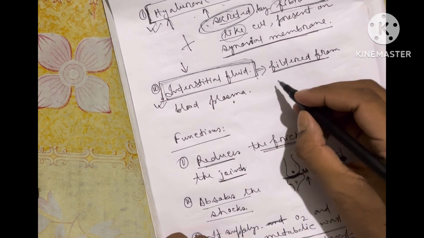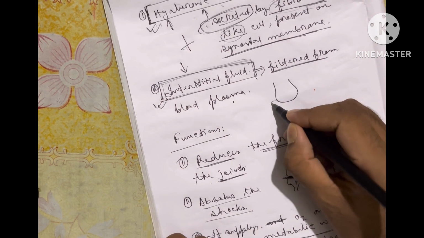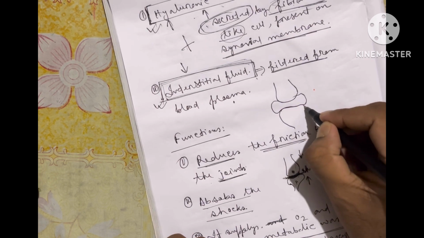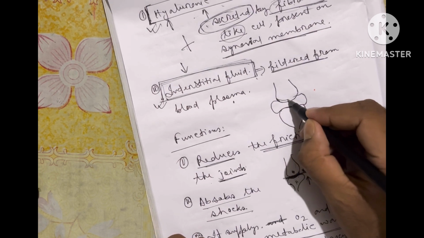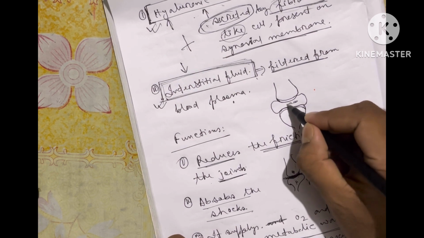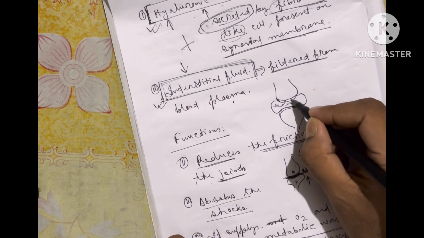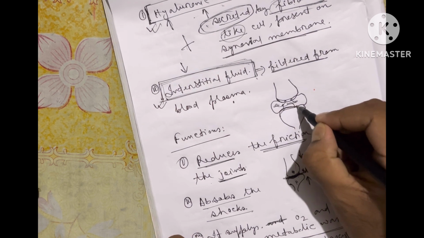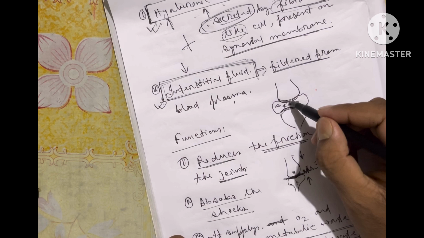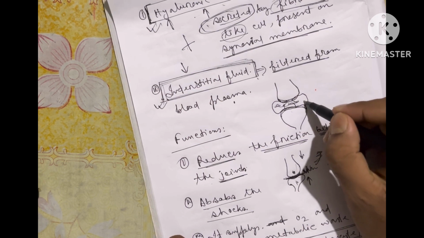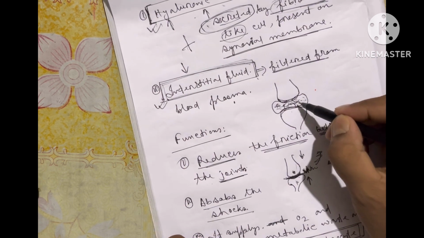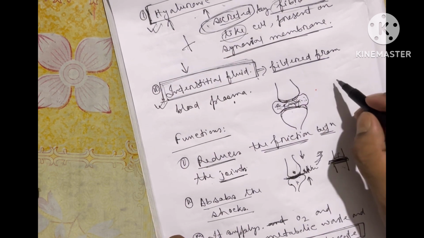Let's suppose this is one bone, this is our synovial fluid, and this is another bone. The synovial fluid will provide sufficient nutrition to the cartilage, because hyaline cartilage is in direct contact with that fluid-filled cavity, which is called the synovial cavity. So that synovial cavity will give the nutrition.